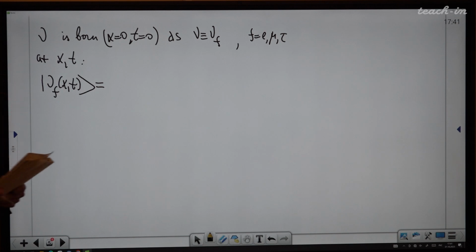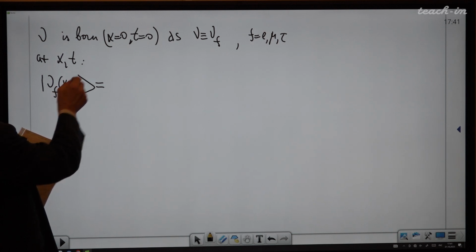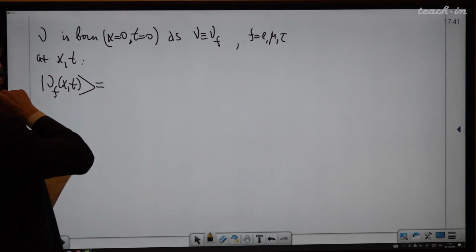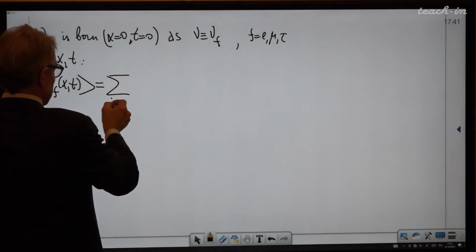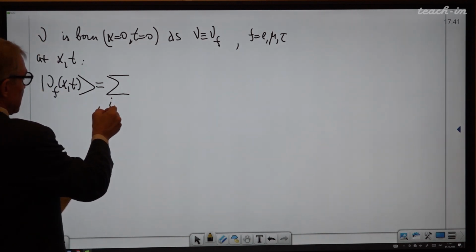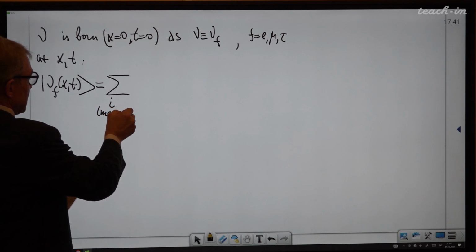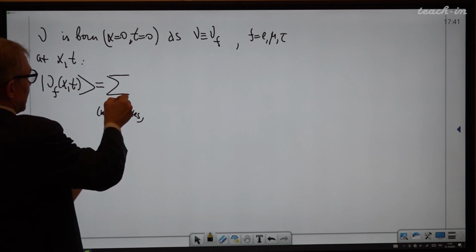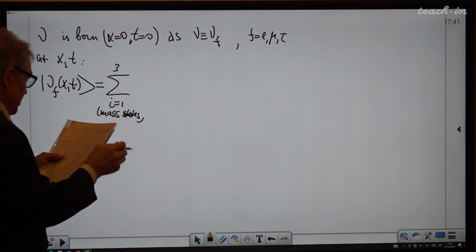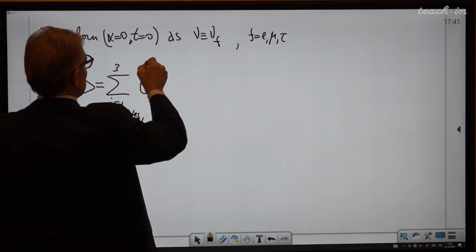As a result, at a point x and t not equal to 0, this is the sum over mass states, where i stands for the mass states, from 1 to 3 in our particular case, with the mixing matrix.